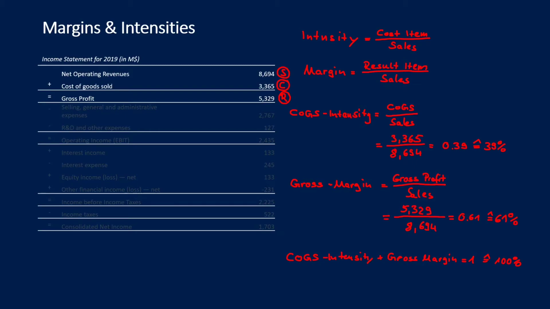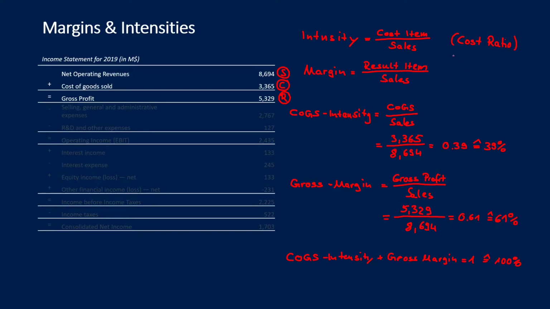Okay, fine. So this is the concept of margins and intensities. An intensity is the ratio between a cost item and sales. That's why it's also called cost ratio. And of course, it is not necessarily cost of goods sold. You can also calculate your own cost definitions.